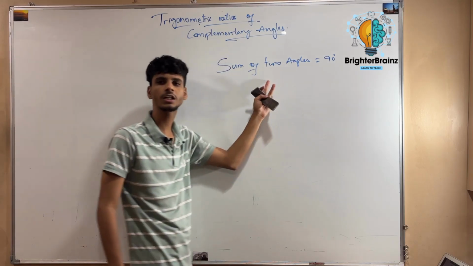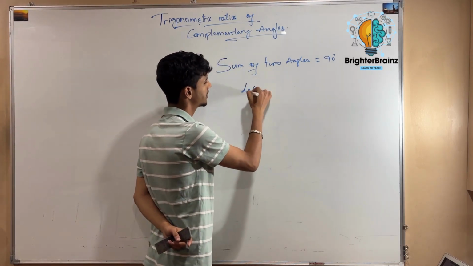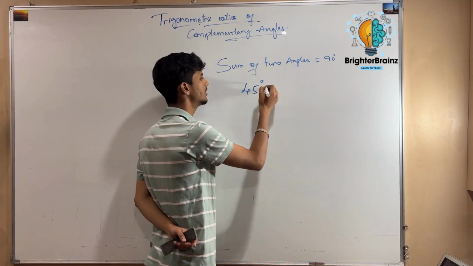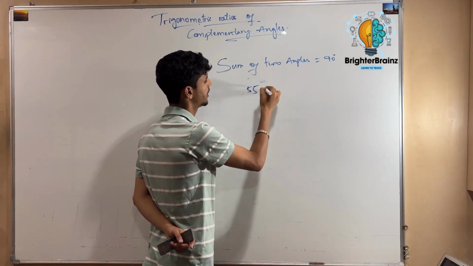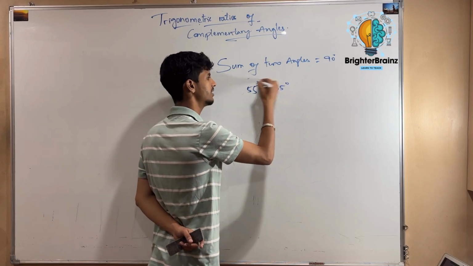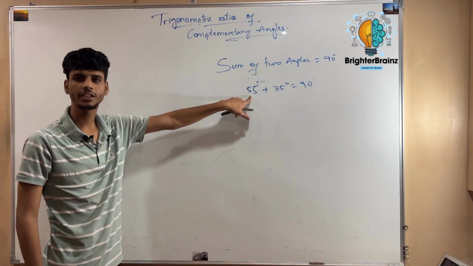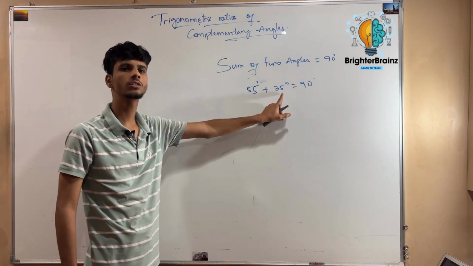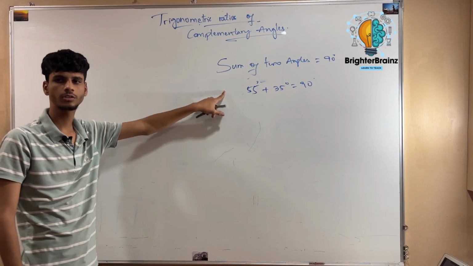Those two angles are called complementary angles. For example, 55 degrees and 35 degrees sum to 90. So 55 degrees is the complementary angle to 35 degrees, and 35 degrees is the complementary angle to 55.